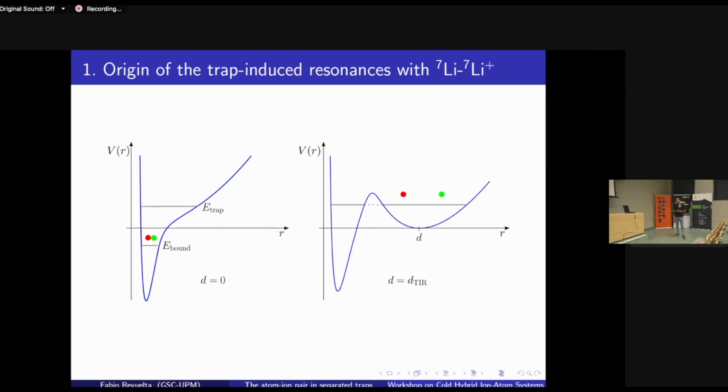Did you take into account the symmetry of the system? There are the same nuclei, so in fact there are two indistinguishable particles. Did you treat the lithium and lithium ion as distinguishable particles or not? We assumed they were distinguishable.